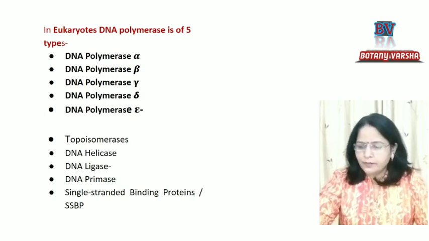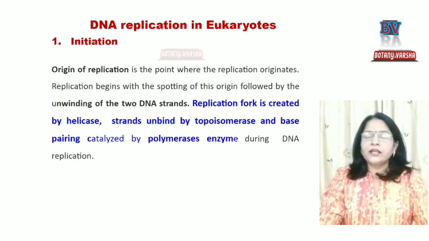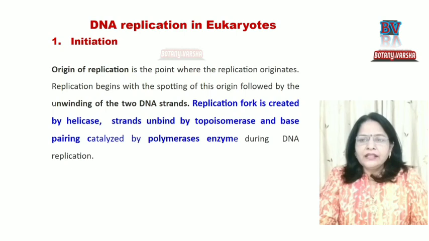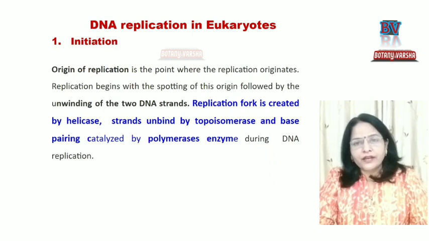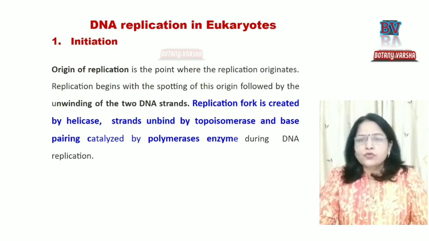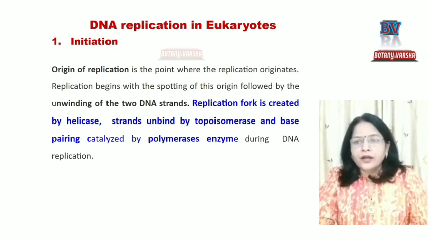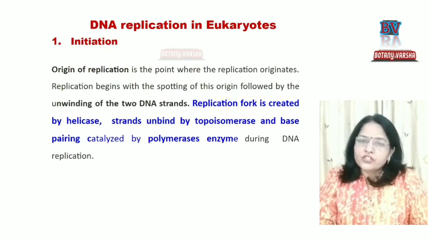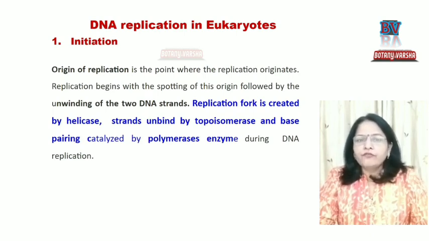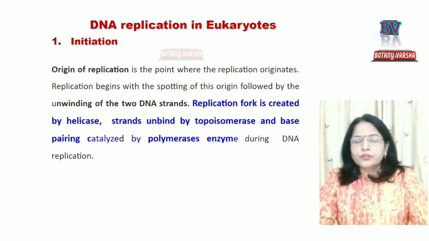Next is the mechanism of DNA replication in eukaryotes. The first step is initiation. DNA replication demands a high degree of accuracy because even a minute mistake would result in mutations. For the replication to begin, there is a particular region called the origin of replication. This is the point where the replication originates, and the replication begins with the spotting of the origin, followed by the unwinding of the two strands.